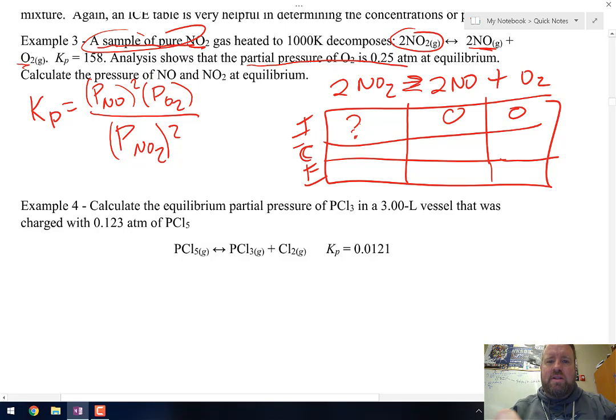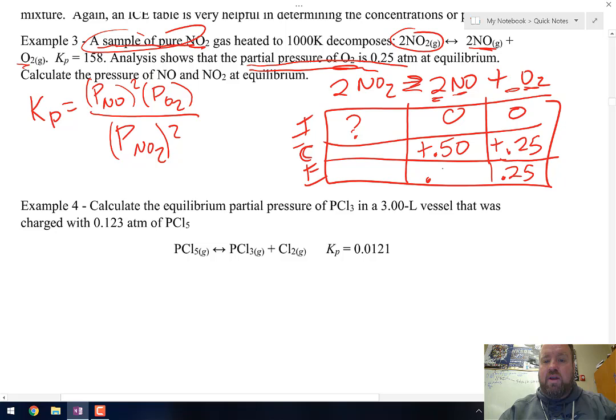Okay, but we do know that at equilibrium, the partial pressure of O2 is 0.25. So we know this value is 0.25. So that means that O2 went up by 0.25, which also means that if NO was 0 to start, and it's a 1 to 2 ratio, that NO had to have gone up by 0.50.